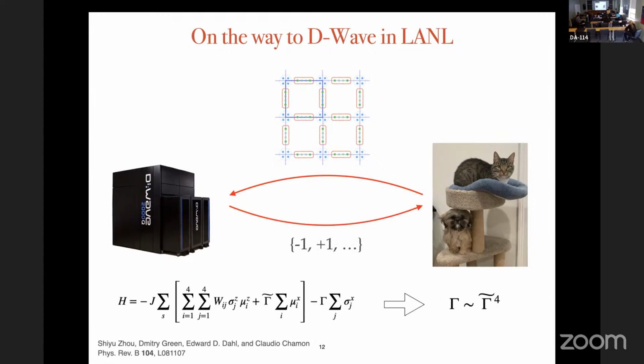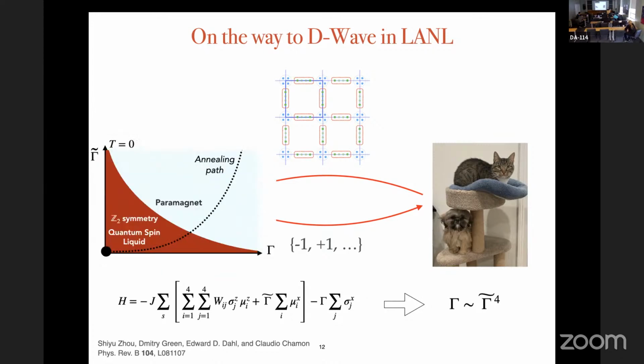Recall that we have to use 4 qubits to represent 1 gauge space. So the transverse field on the gauge space should be to the 4th order of the transverse field on the matter space. So this is what we expect to happen inside of that black box.